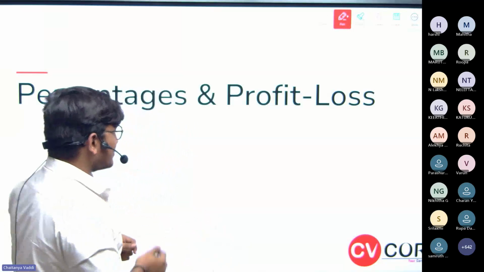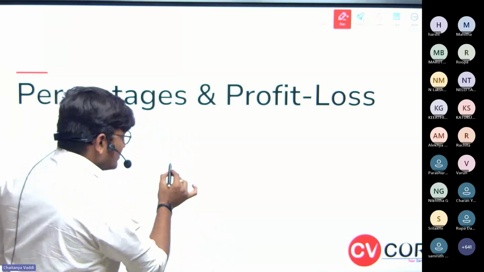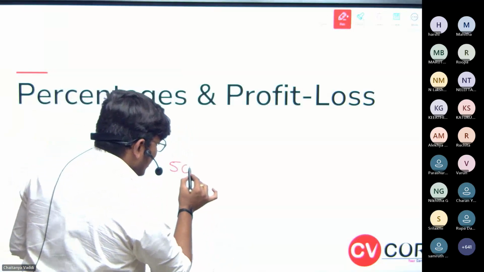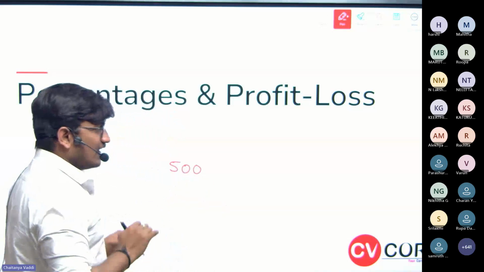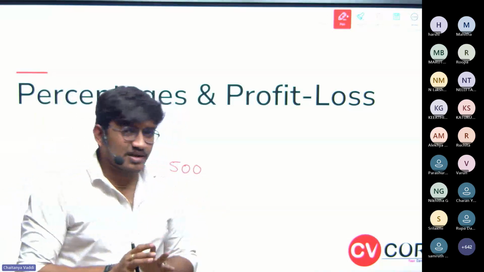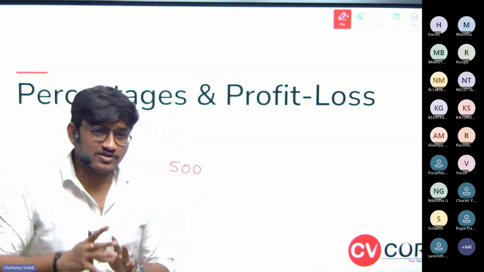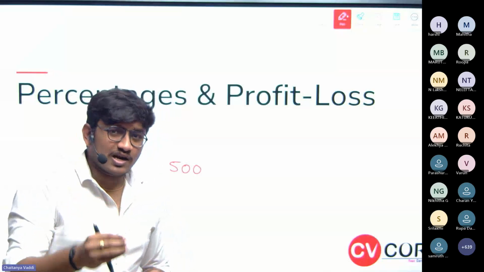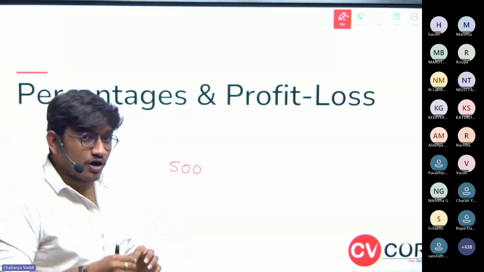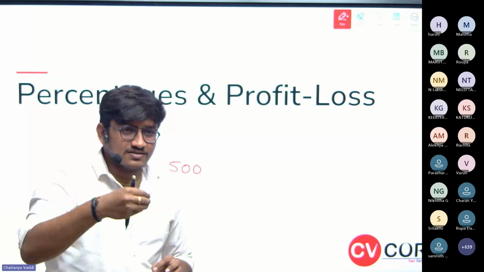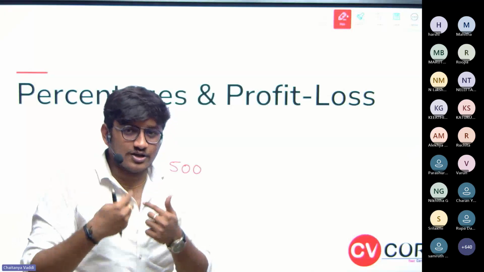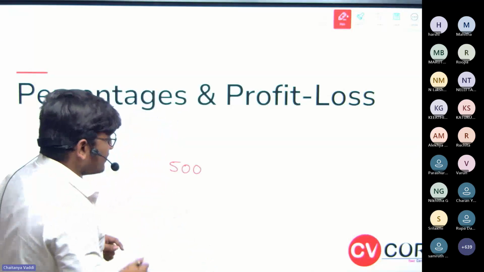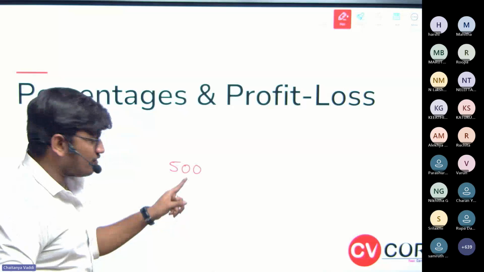Let's take an example. I bought a t-shirt. I just wanted to start a business. If I want to sell some products to customers, first I should buy, correct? Now let's say I bought a t-shirt for 500 rupees.